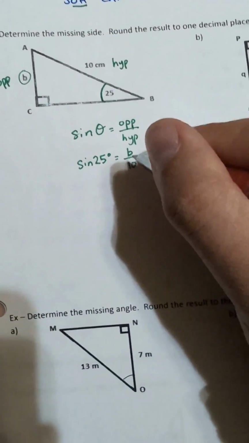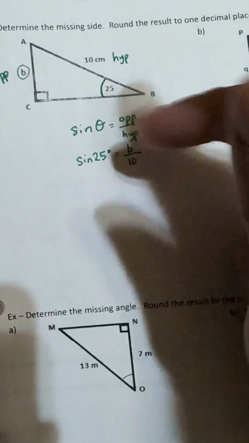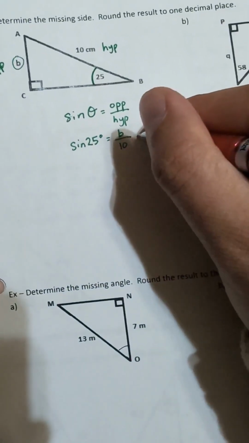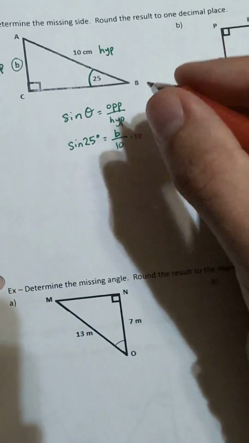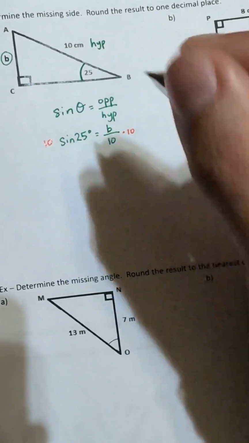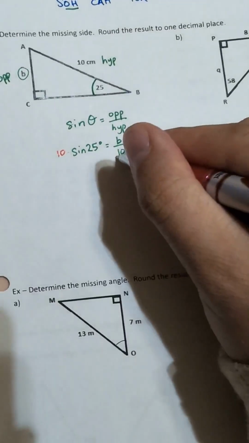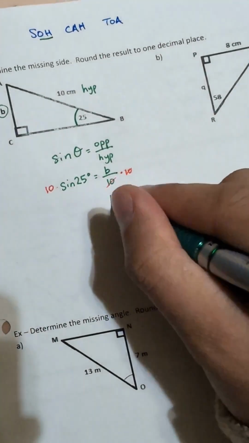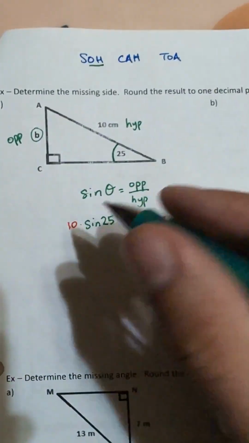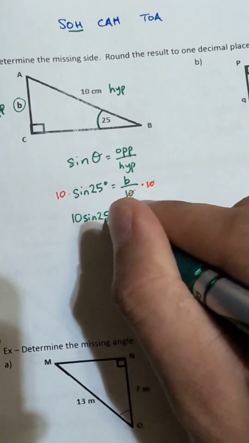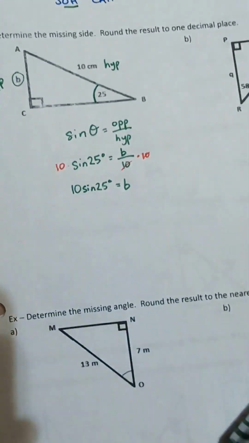Just like we would if we knew what this was as a number, B divided by 10, I can get rid of the division by 10 by multiplying by 10. And that's going to cancel out the 10 here and just leave us with B. And so B should be 10 times sine 25, which we're allowed to write like this, 10 sine 25.